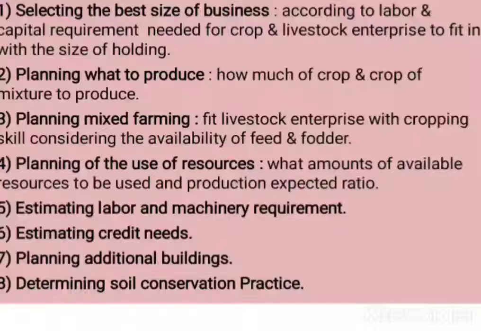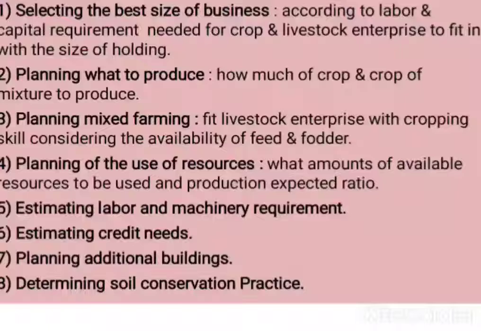Here the farm planner or the owner has to decide about the labor, the capital requirement, what kind of cropping has to be done, and what kind of livestock has to be gone with. Here it is about which will be the best enterprises that can be set up. So initially the farm manager or the planner has to select the best size of the business.